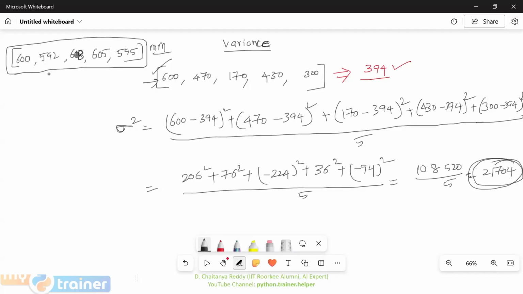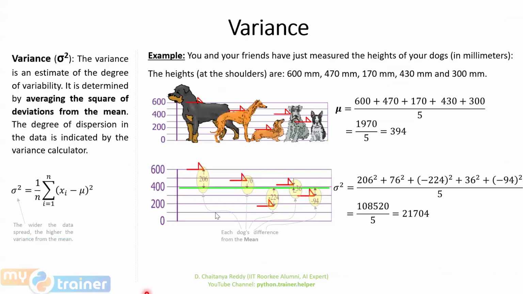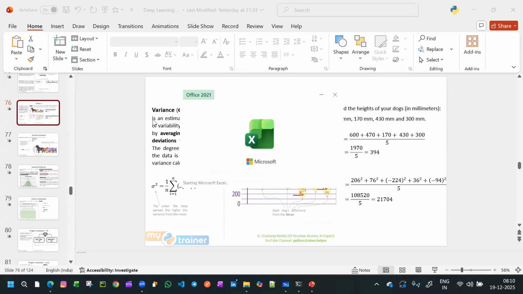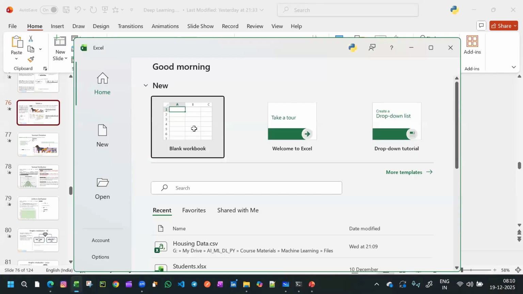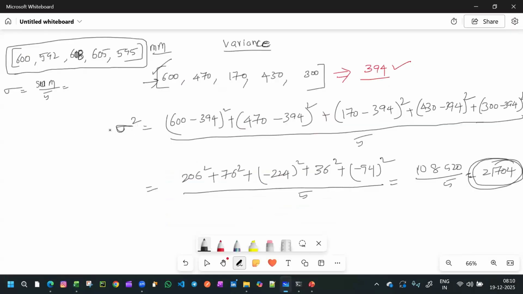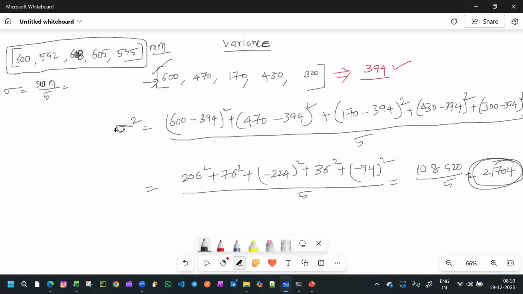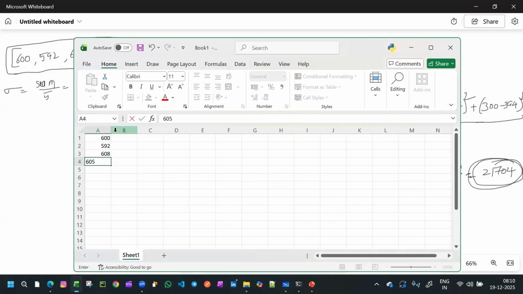This is a different data set. So what is the average value? The average value is the sum of all these values divided by the number 5. Let us just calculate the sum. 600, 592, 608, 605, and 595.